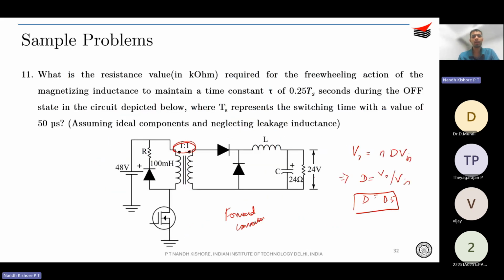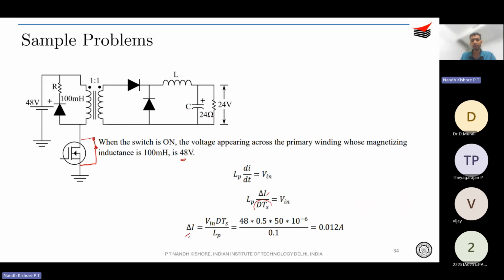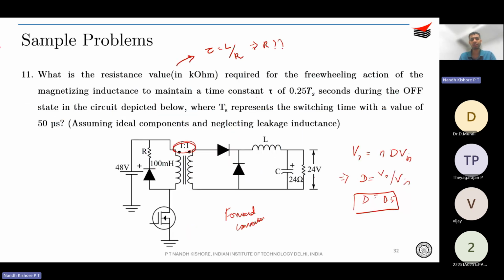So this question, if you just have to find out what is the resistance value, it is straightforward that tau is equal to L by R. So L is given, tau is given, therefore you can find out what is R. The other parts of the problem were done, that is what is D and what is delta I. Those were actually subsections that the question did not ask.